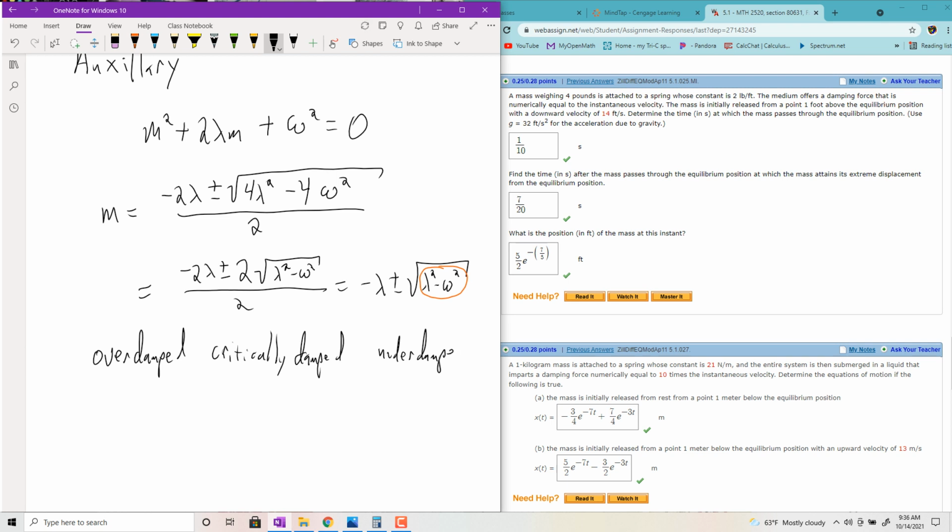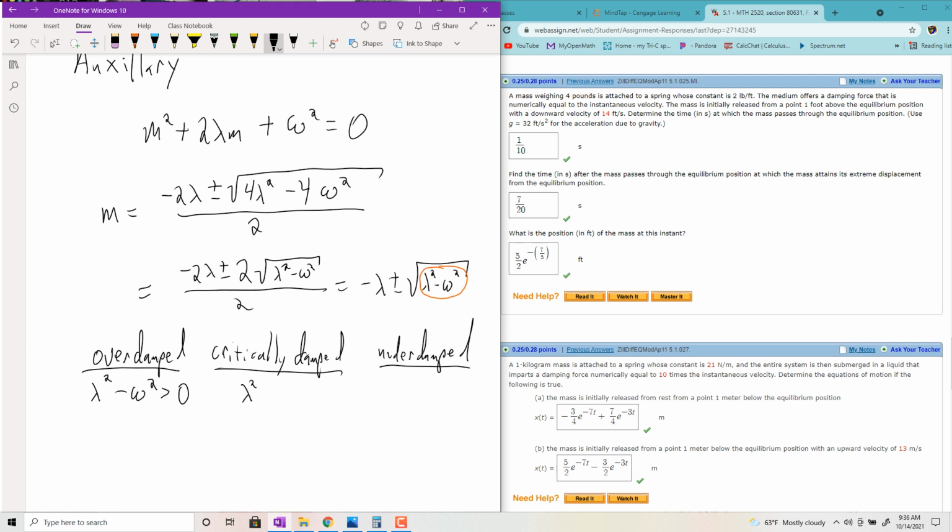Okay. So the overdamped is the case when the discriminant is greater than 0. So you have two solutions, and they're both going to be exponential decay solutions. So over time, you would expect that the motion is going to be 0. So when this is greater than 0, it's overdamped. Critically damped is in between underdamped and overdamped.